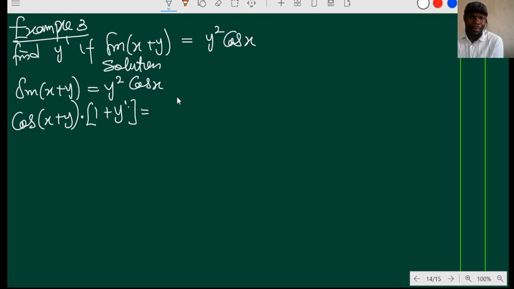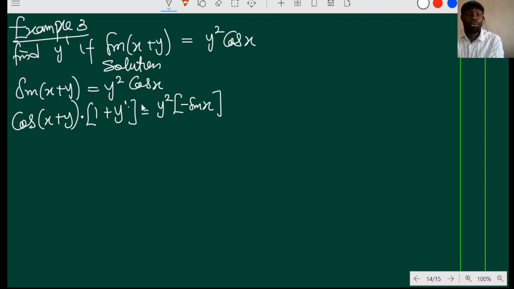So let's differentiate one and leave the other. We differentiate cos x: you have y squared times the derivative of cos x, which is minus sine x. The meaning of the product rule is you differentiate one and leave the other, then the one you left, you differentiate, and you add them together.